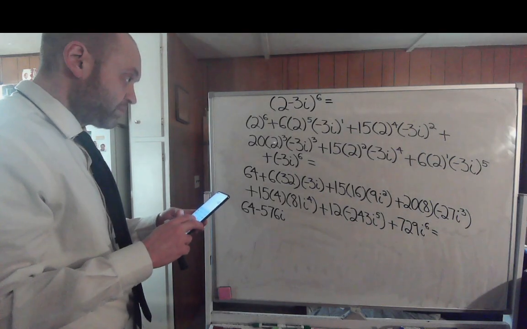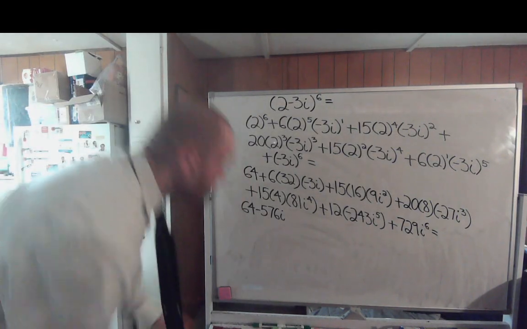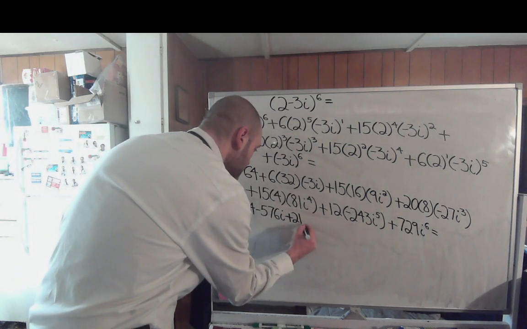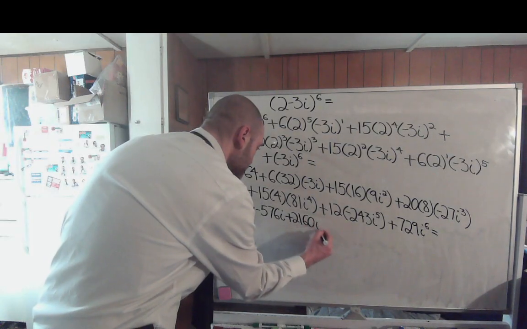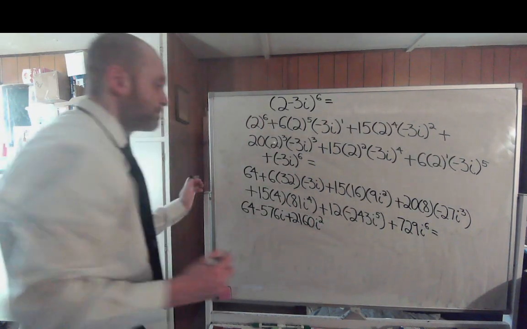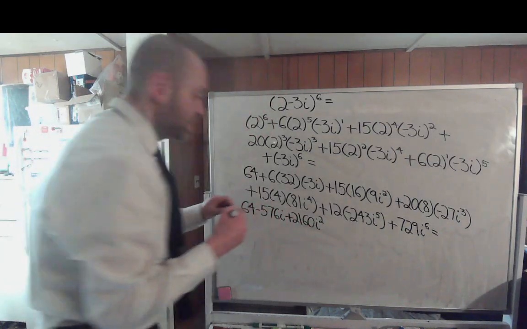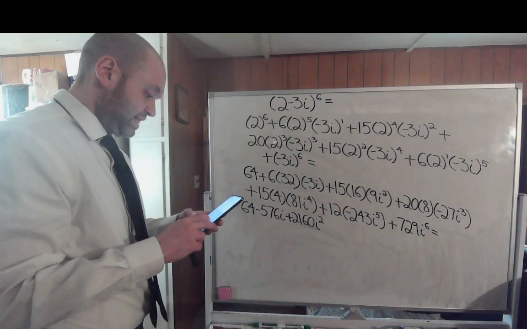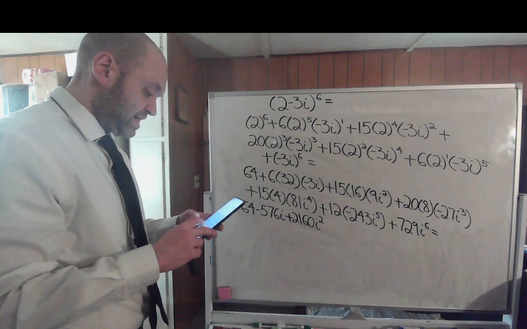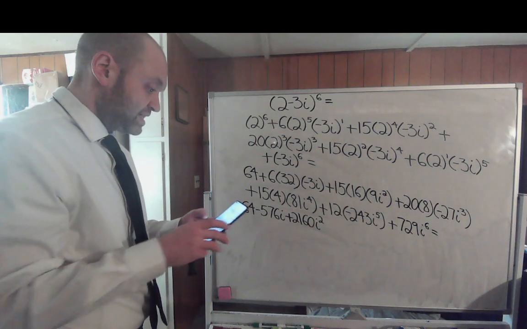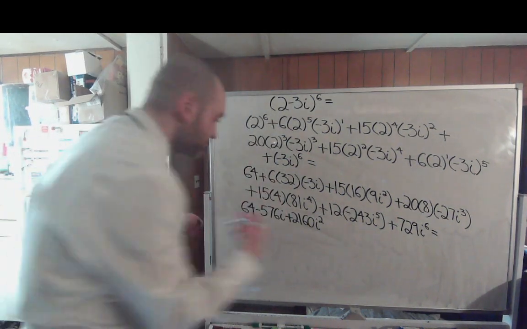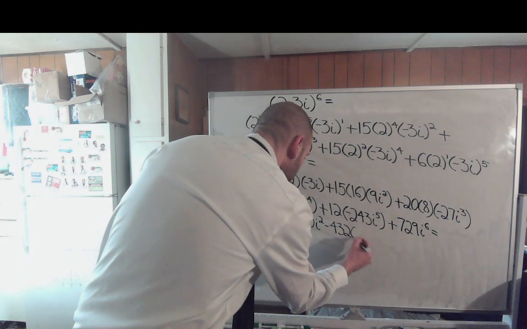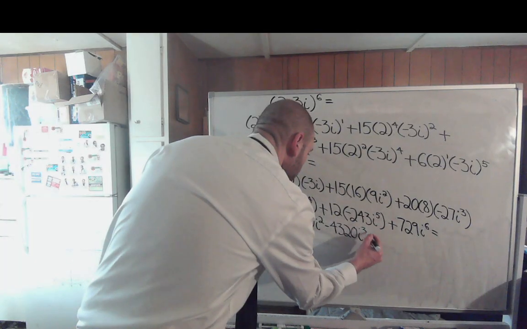That's 240 times 9 is 2,160. 2,160i squared. Now we got to take 20 times 8 times negative 27. So 20 times 8 is 160 times negative 27. That gives you minus 4,320i to the third.